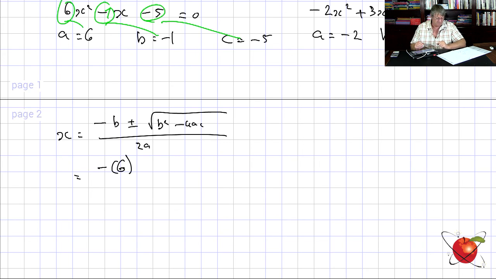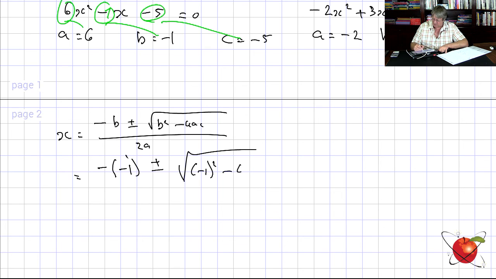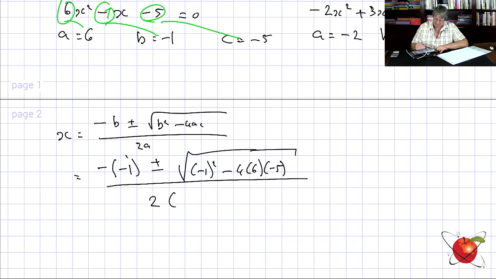Okay? b is going to be minus 1, right? Plus or minus b squared is minus 1 squared. Minus 4 times a is 6 times c is minus 5. All over 2 times a, which is 6.